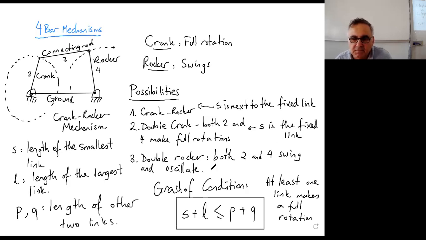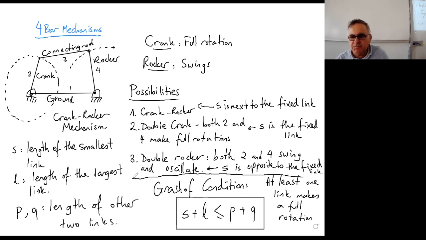And double rocker happens when S is opposite to the fixed link. Okay. So this is the Grashof condition.